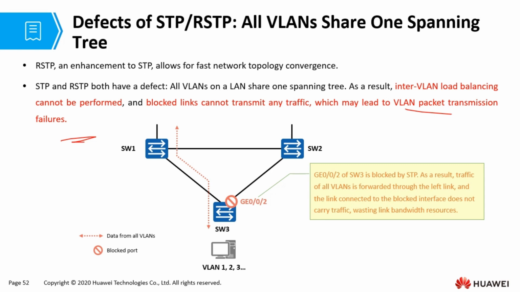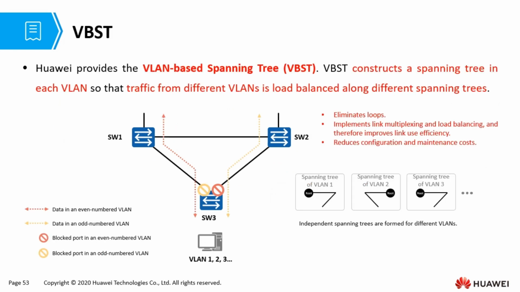Because when we're talking about VLANs, you have just learned it. We have a layer 2 VLAN and also layer 3 VLAN, inter-VLAN routing. So if you enable STP, that means we cannot do the inter-VLAN there.